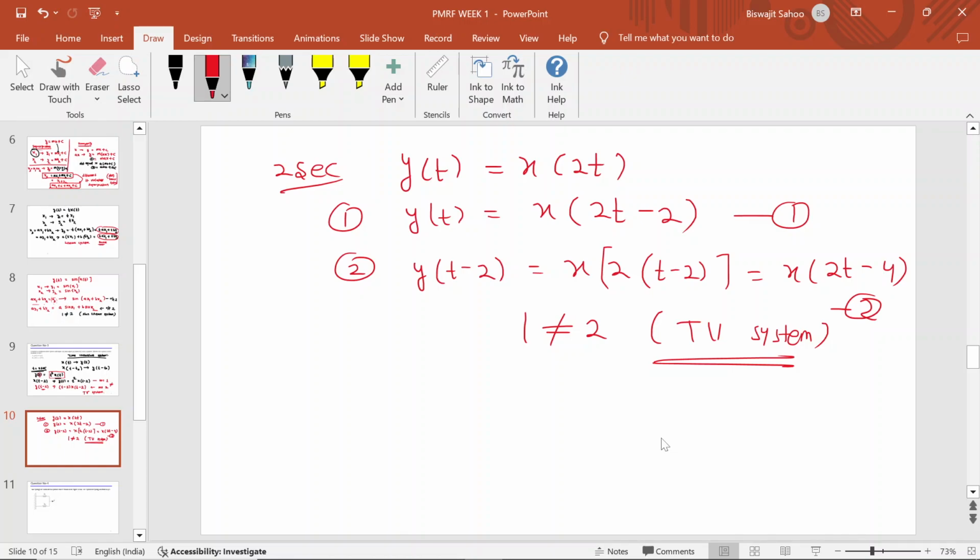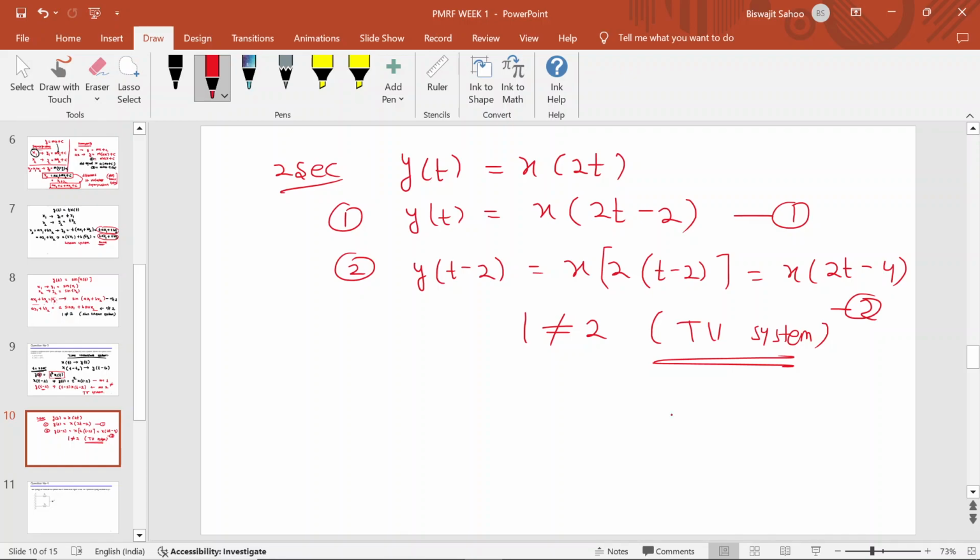Suppose you get a linear time variant system, you can't find the output response by input excitation using the transfer function method. In that case you have to apply the state space model. Otherwise, you can't solve it.